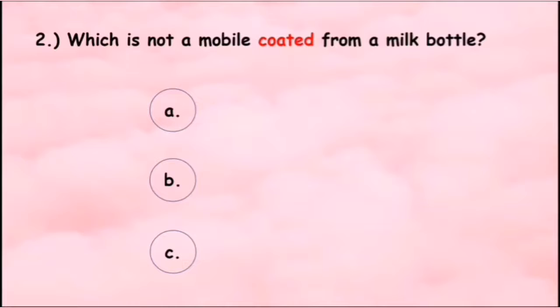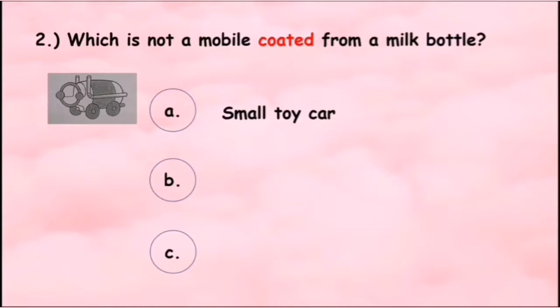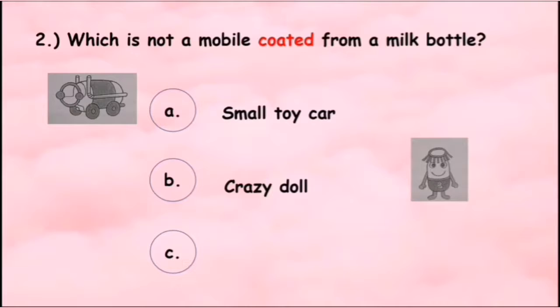Okay, so for A, small toy car, B, crazy doll, and C, class name tag display.